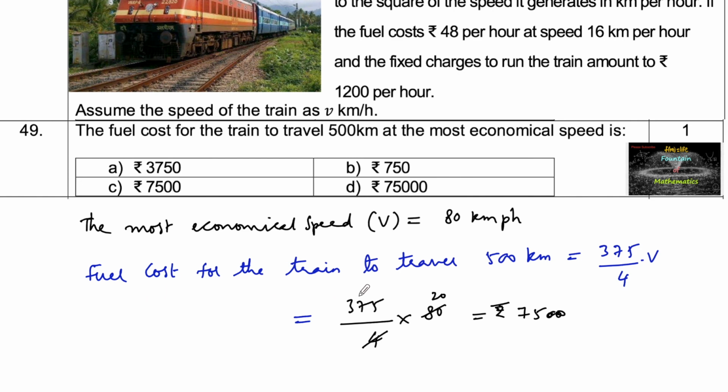So we can say fuel cost for the train to travel 500 kilometers at the most economical speed 80 kilometers per hour is 7500. That's option C.